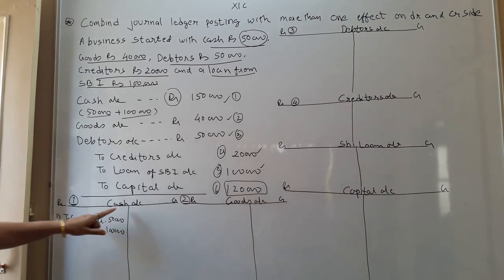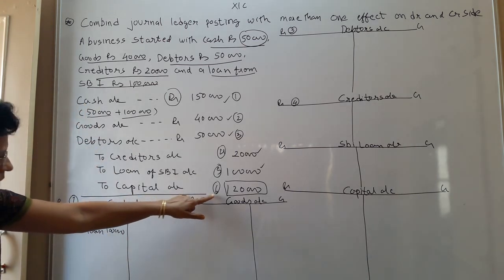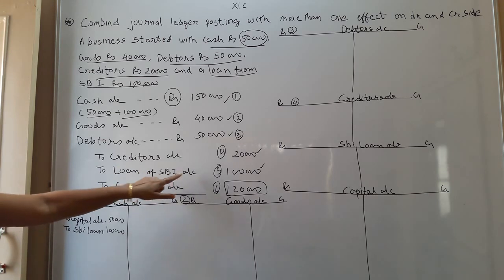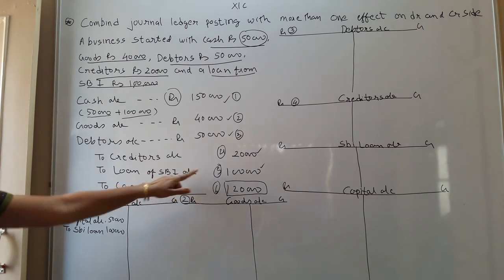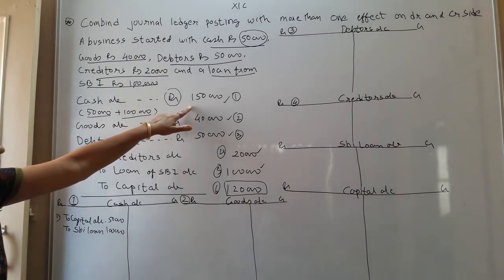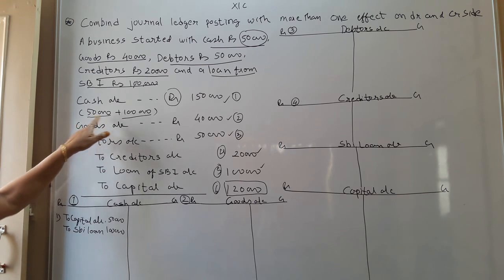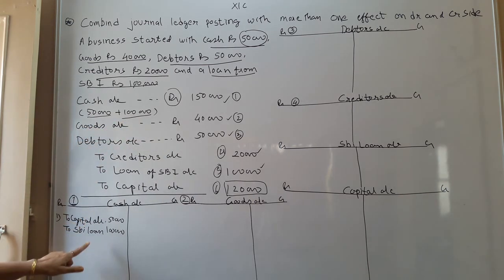Understood? So cash has come into the business in two ways: one, what the owner has given you, and the second, the loan you have taken from SBI. So the cash account is debited with the total figure 1,50,000, and the posting of 50,000 and 1 lakh is done here.